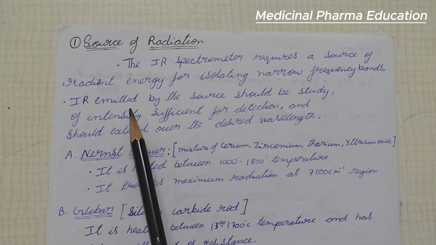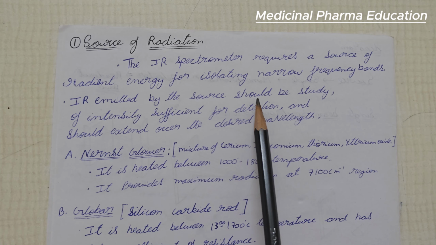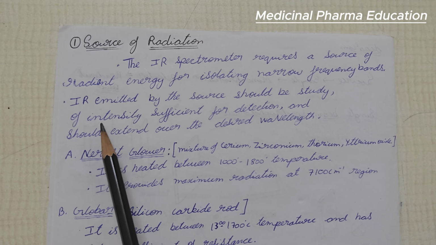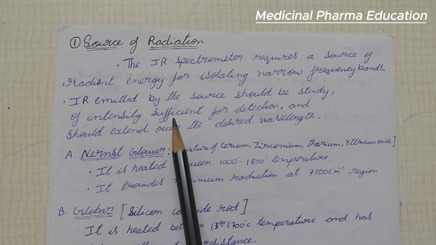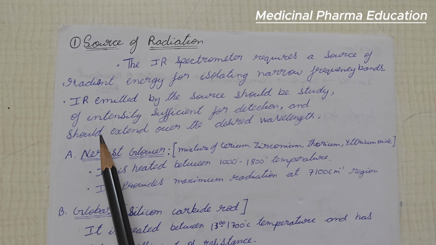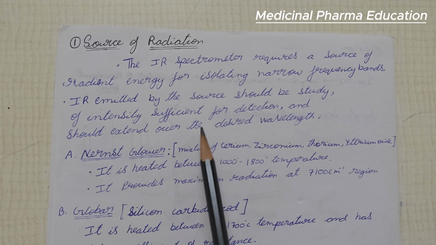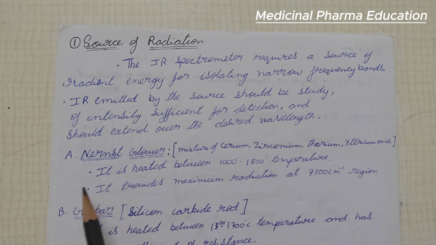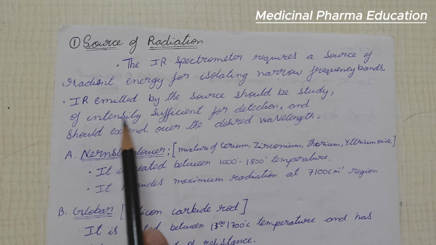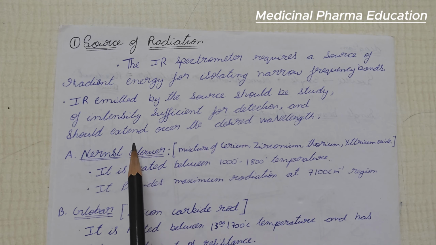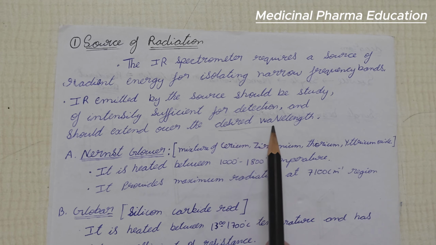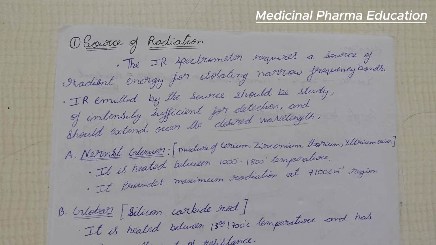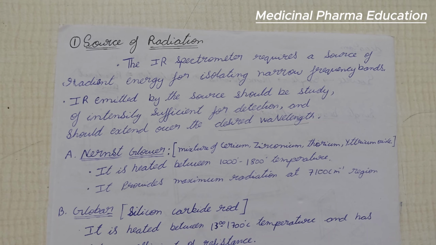The IR emitted by the source should be steady, of intensity sufficient for detection, and should extend over the desired wavelength, that is, over the full IR region.